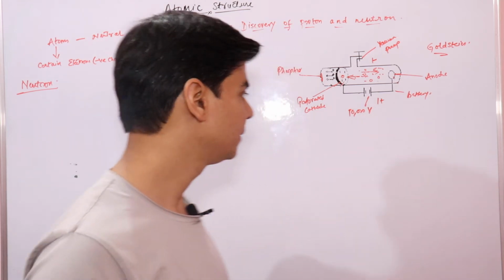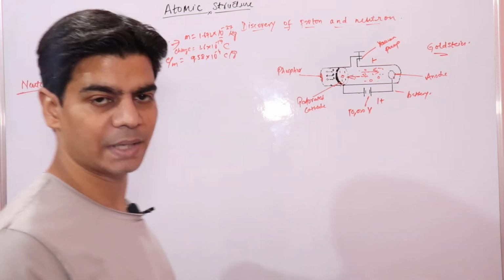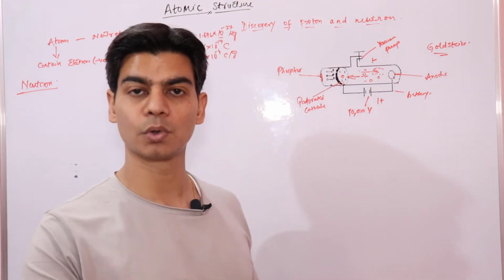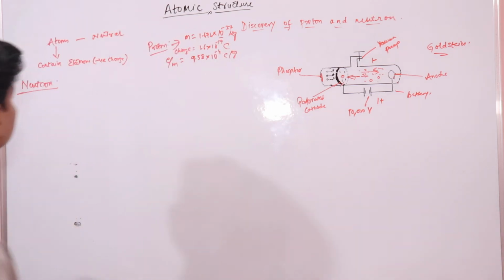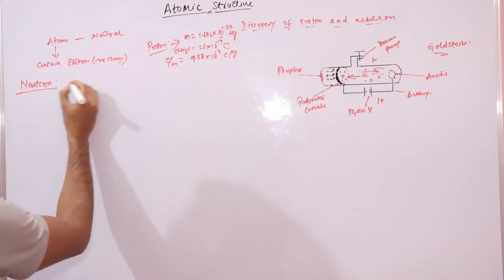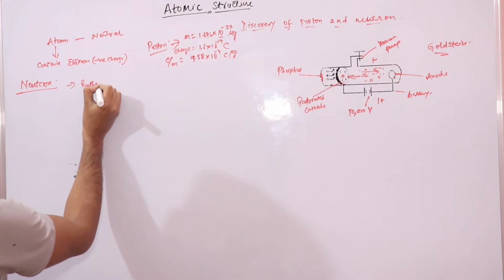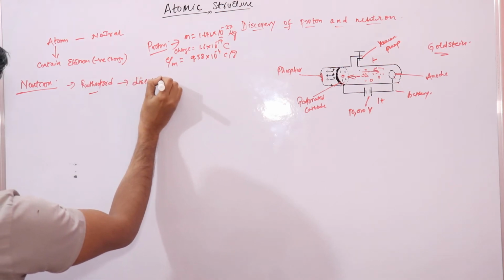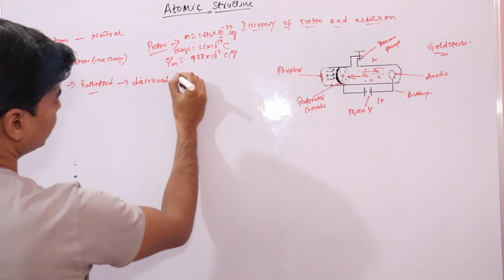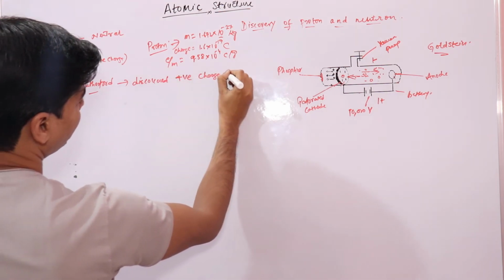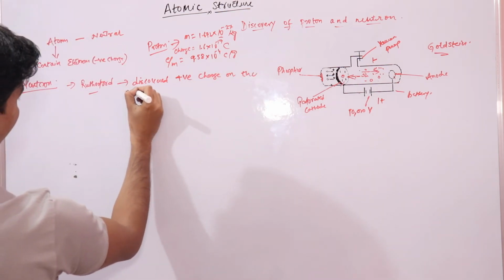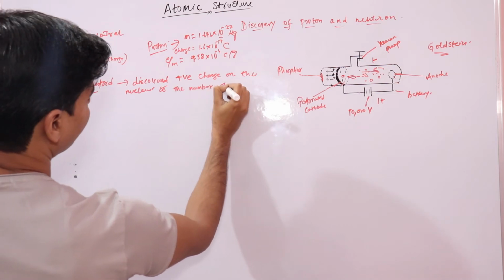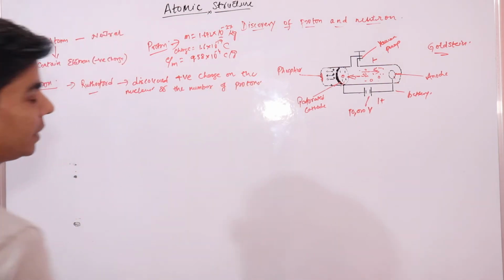Using this experiment, Rutherford and his students discovered the positive charge on the nucleus, or the number of protons in the nucleus of an atom.